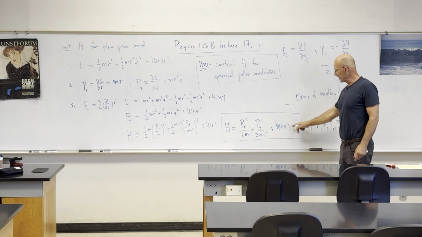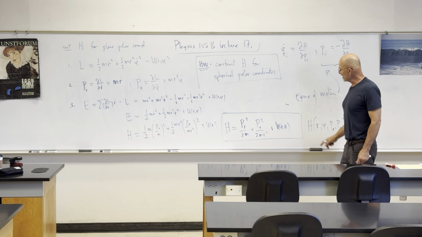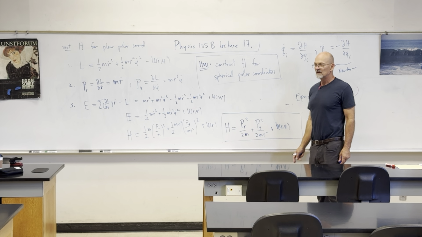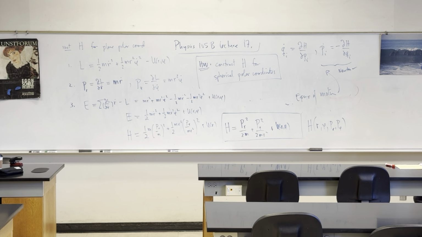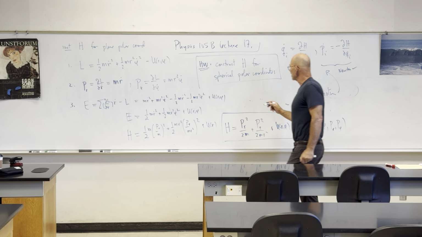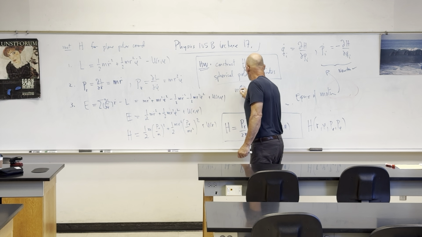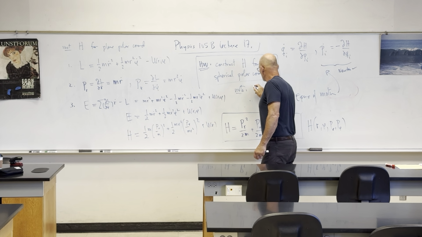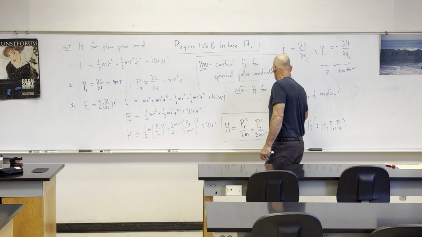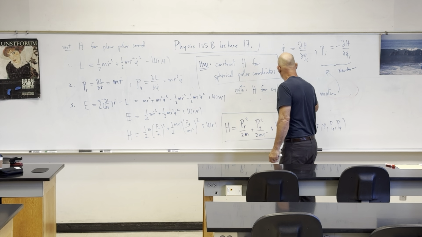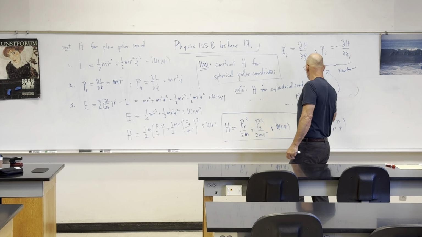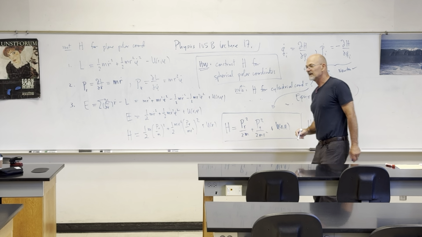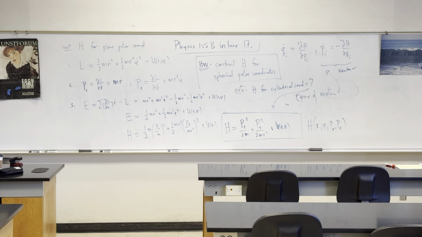And U of r, phi, and z. And we might change the letter r to rho, but I won't assign that one, so let's just put a note here. H, Hamiltonian for cylindrical coordinates equals question mark, and then go down there and extend the concept.